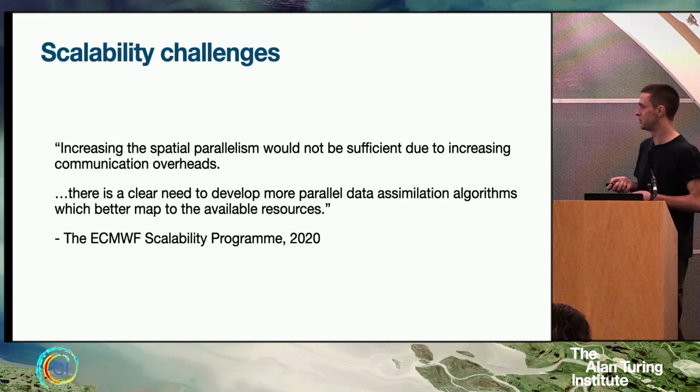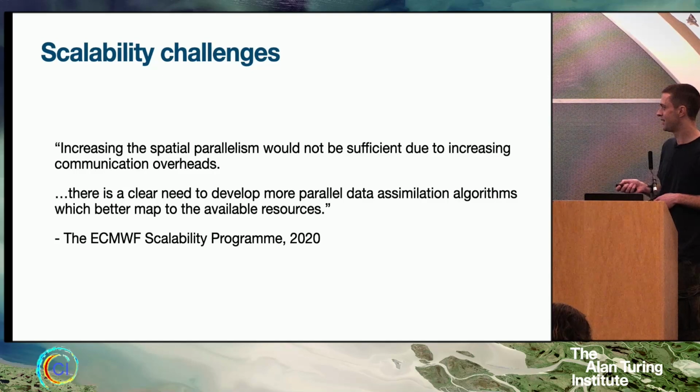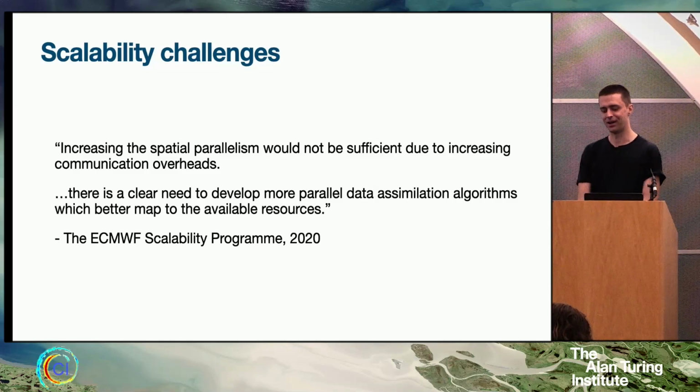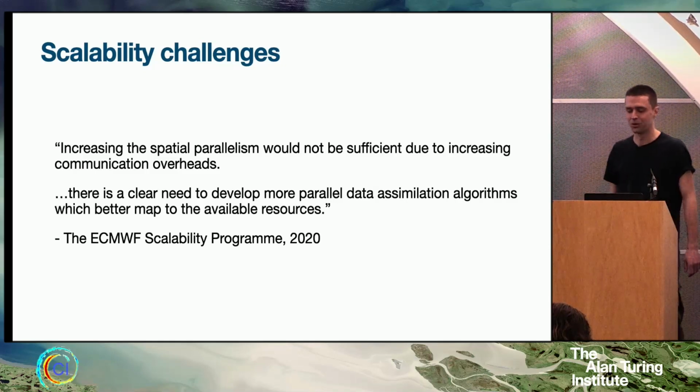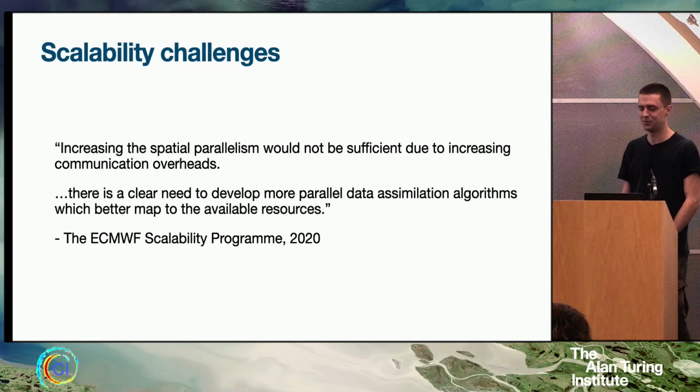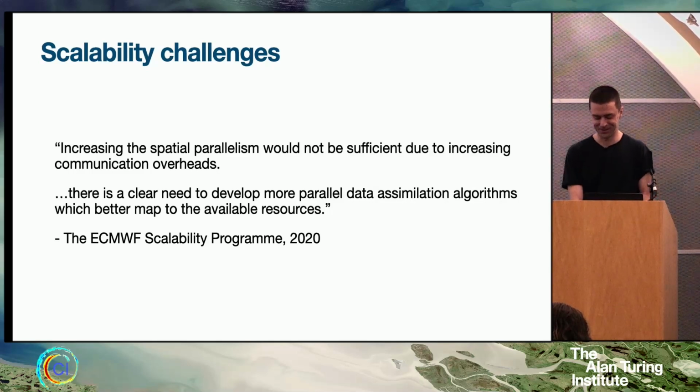So I guess that's what we've been talking about. And then they say there is a clear need to develop more parallel data assimilation algorithms which better map to the available resources. So, algorithms that better suit the kind of compute we have in a data center. Maybe these are deep learning based approaches, but maybe it's this, who can say?